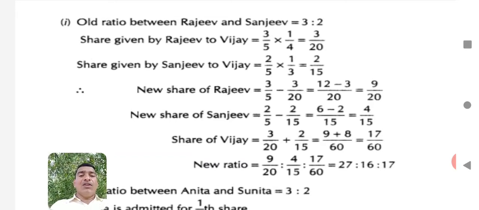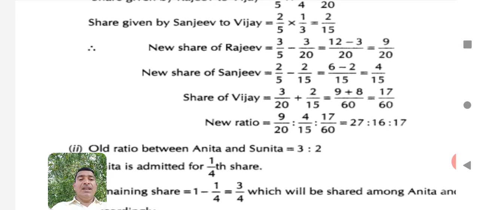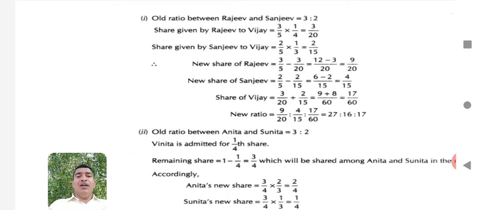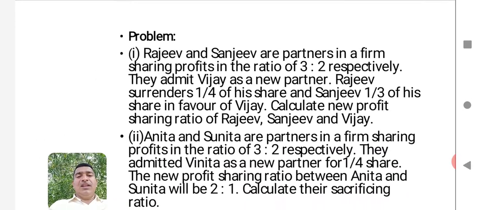So if you are intending to calculate the new ratio, the new ratio will be 27:16:17. This is the new profit sharing ratio for Rajiv, Sanjeev and Vijay. Now let us go through one more illustration.